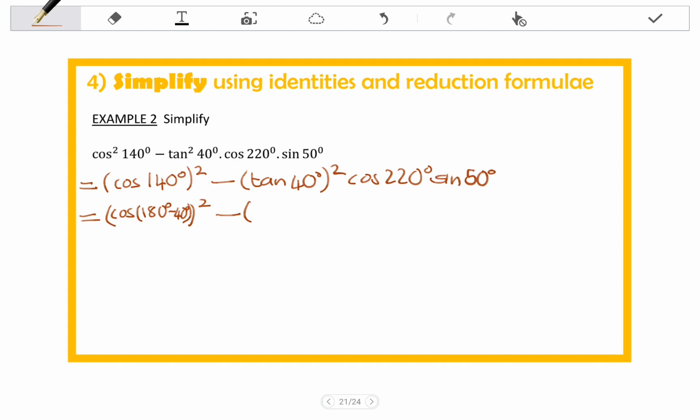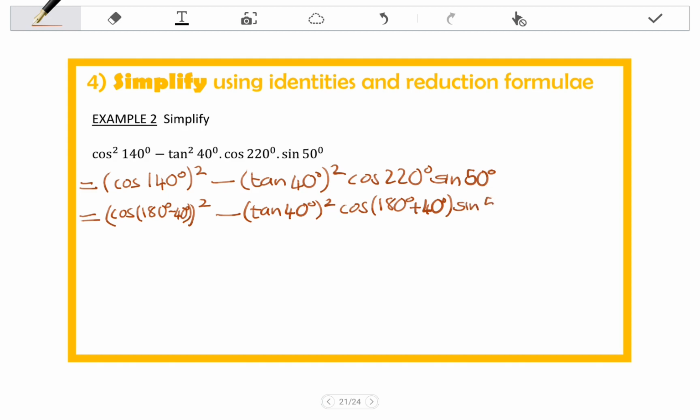We could write tan 40 as sine 40 over cos 40, so that might be useful to us, but for now I'm just going to leave it as is until we know what's happening in these trig functions. Right, so cos 220 degrees, 220 is in the third quadrant where we write our angles as 180 degrees plus whatever takes us to 220, which is 40. And then I have sine 50.